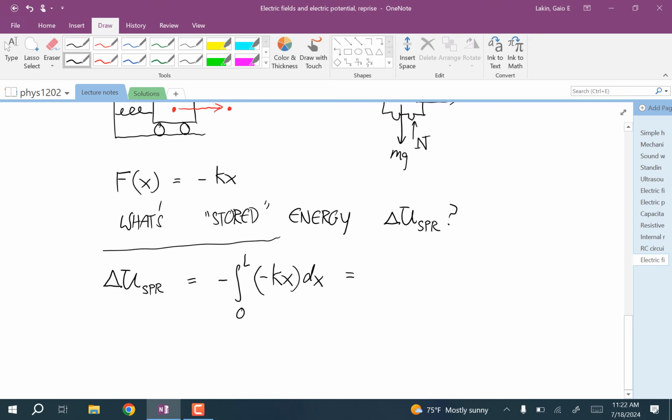The same thing happens that happened before. The two negative signs cancel out, and we get the integral 0 to L of kx dx.